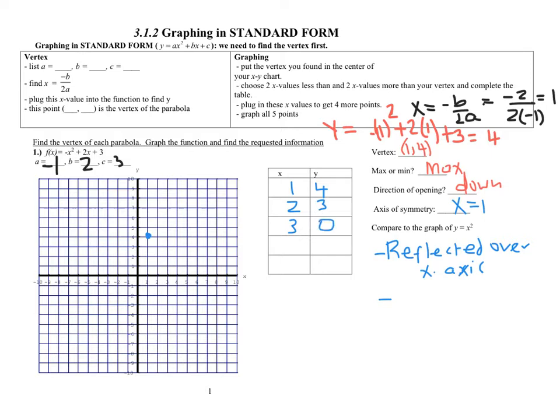I get 0. So when I plug in 2, I get 3 right there. When I plug in 3, I get 0.